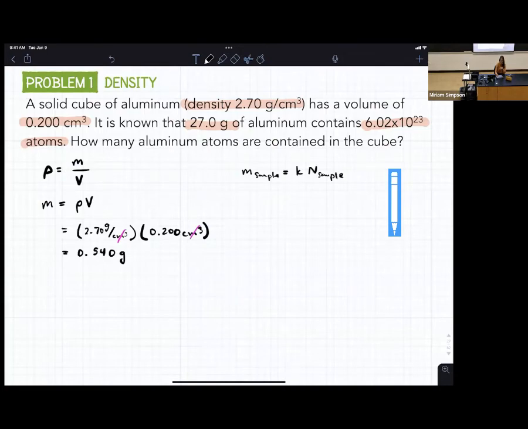There's other ways to do this, but we're going to do it this way. We also know that for aluminum, we have a mass of 27 grams. That's equal to some constant times N for 27 grams. Sorry, it's grams.